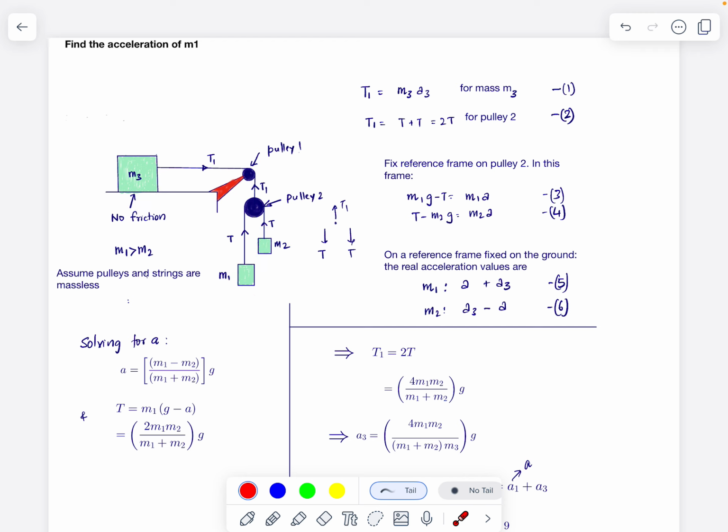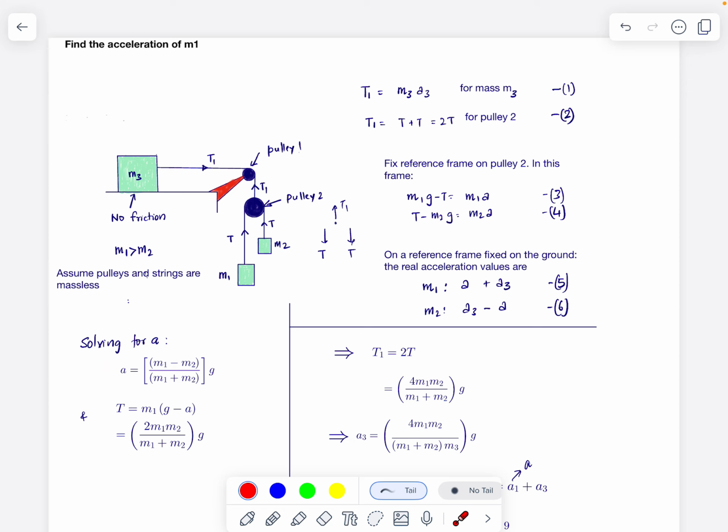If you look at these two equations, we just add them up and the tensions cancel out. So m1g plus m2g equals m1 plus m2 times a, and we divide by m1 plus m2 to get a equals (m1 minus m2) g divided by (m1 plus m2).